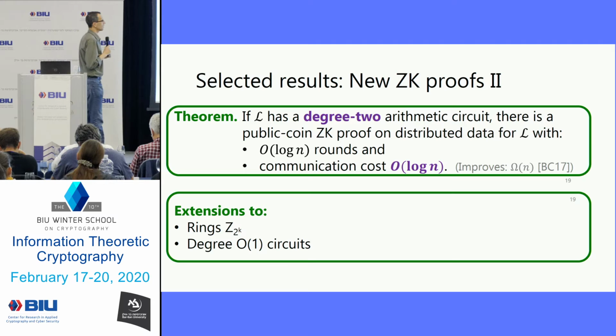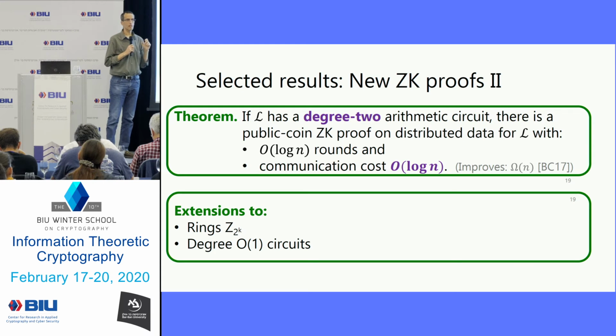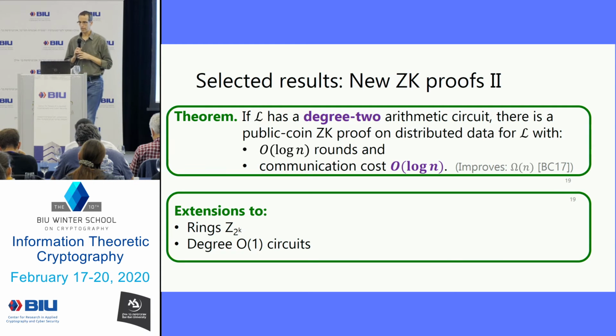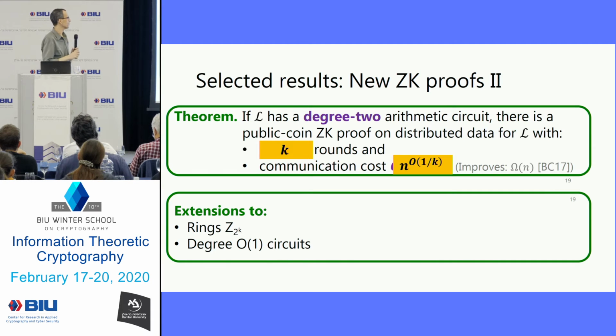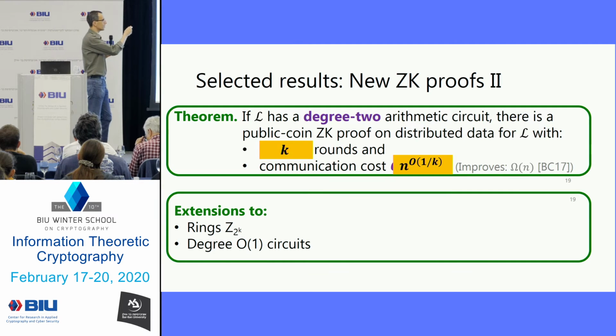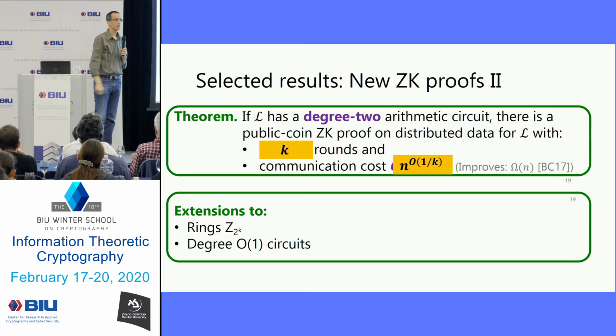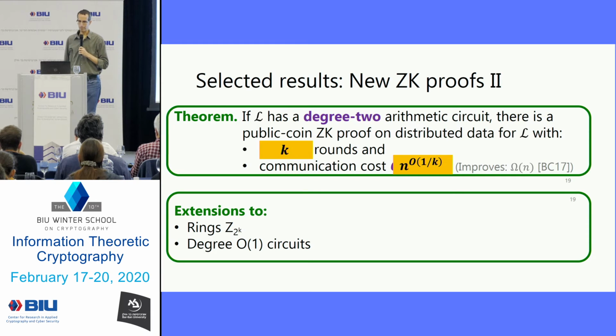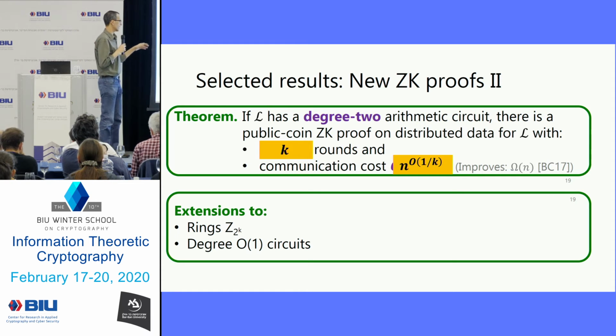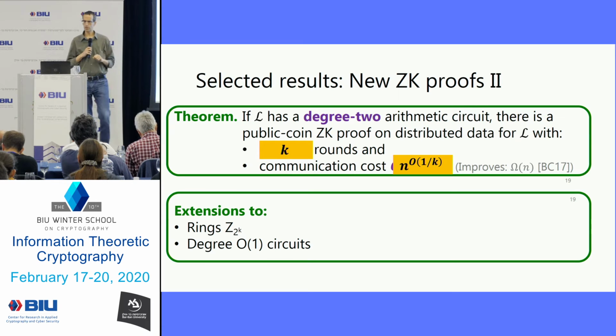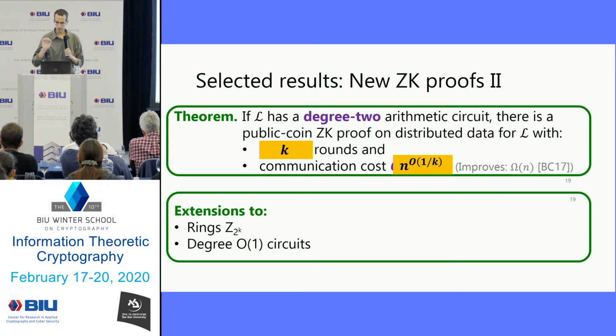So with log n rounds, we have communication cost that's logarithmic. It's tiny. And we have some trade-off for k rounds. We have communication cost that's the kth root of n. We have some extensions to rings and to all kinds of circuits, but that's less important at the moment.